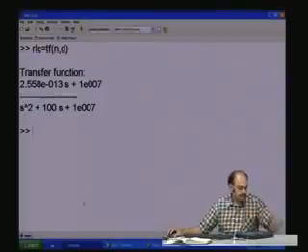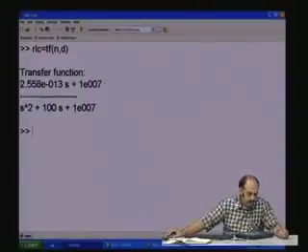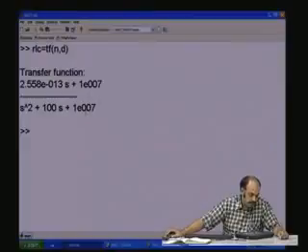Now, you see here, interesting, there is a numerator polynomial with an S of order 1, which means 1 0. There is a denominator polynomial of S of order 2, which means there need to be 2 poles.